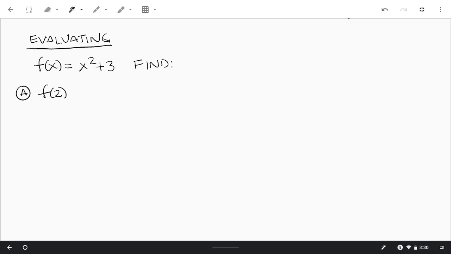Okay, we'll take a look at f of -3, and we'll take a look at f of 4 minus f of 1. Okay, so we'll take a look at these three and then one more. But let's start off with this example A, f of 2.